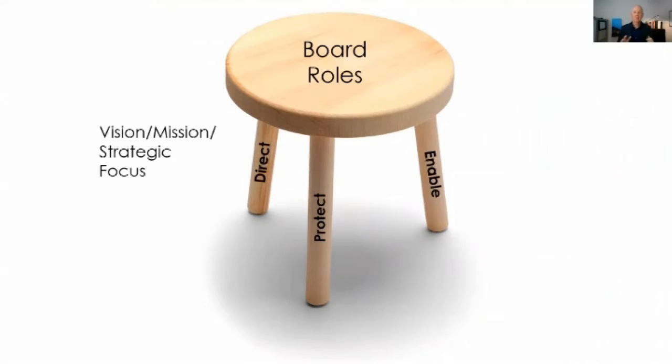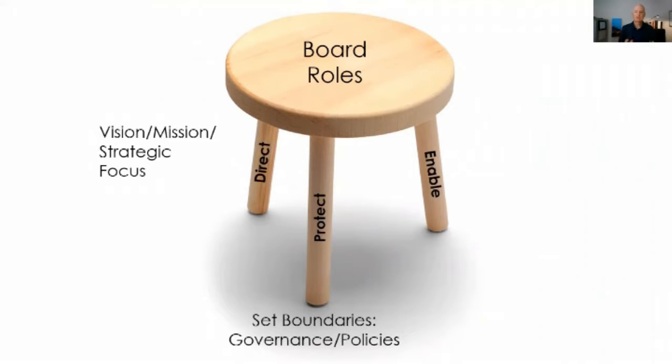Universal roles fall into three broad categories, which are to direct, protect, and enable the organization. Directing refers to determining the broad purpose, future focus, and strategic direction of the organization, not managing operations, which is the CEO's job.